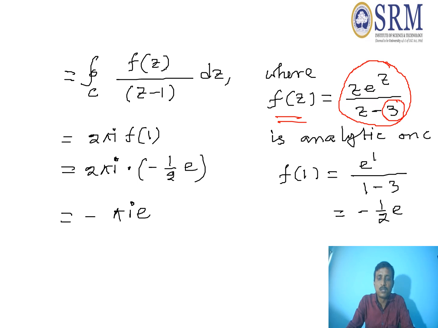So that's why this point 3 is not creating a problem for C, and I have included this z minus 3 factor here. So what is the remaining one? That is z minus 1. For that z minus 1, 1 is lying in C, so that's why I kept this factor in the denominator. Is it okay? So then we can compare this form with Cauchy's integral formula, and by applying that one, we are getting the value minus pi i e. Okay, thank you so much.